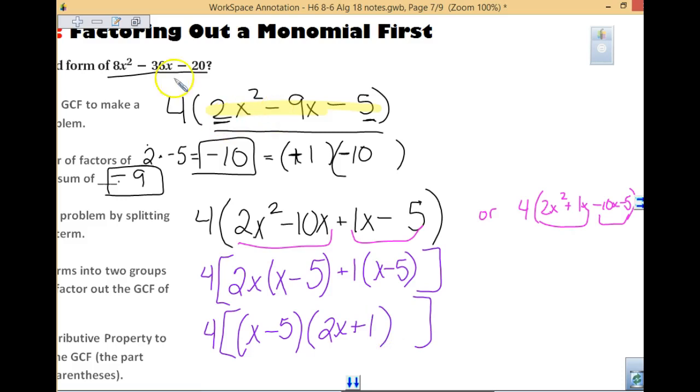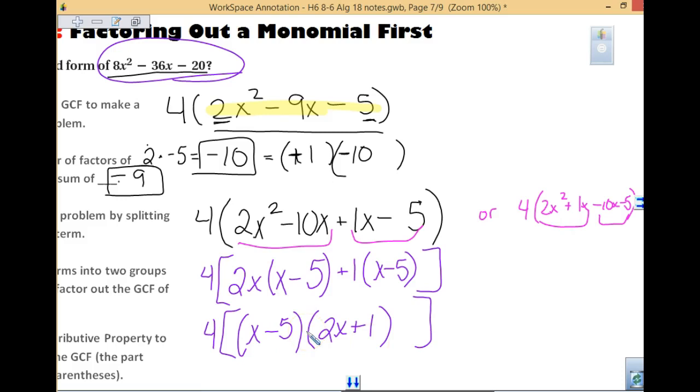And the original problem has to have an 8x squared minus 36x minus 20. So if I check, does this give me my middle term here of negative 9x? Yes. But after I multiply this out, I have to take everything times 4 to get that. Does that make sense? Okay.